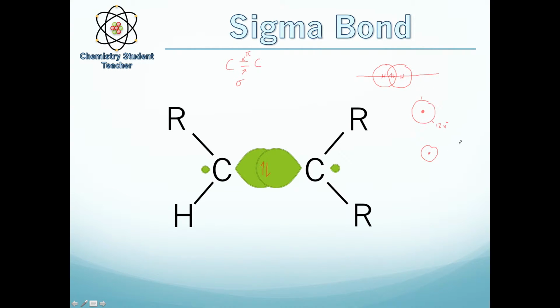It would look identical. And that's what a sigma bond is. If you take a line through the bond and you rotate it and it looks exactly the same, that's a sigma bond. And you get the same with hybrid orbitals, such as sp2 in this case.